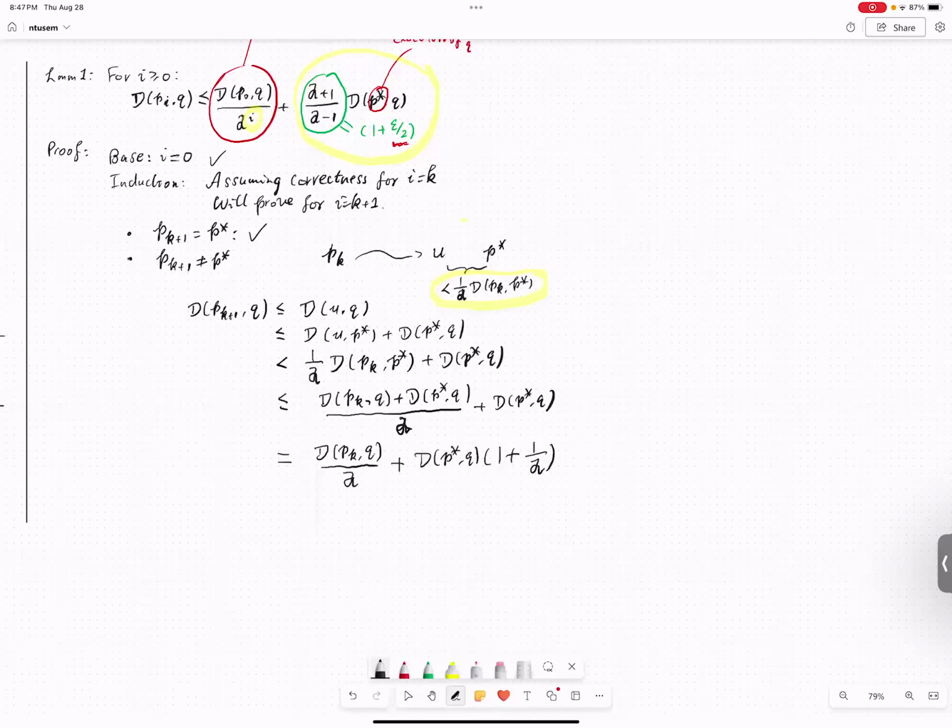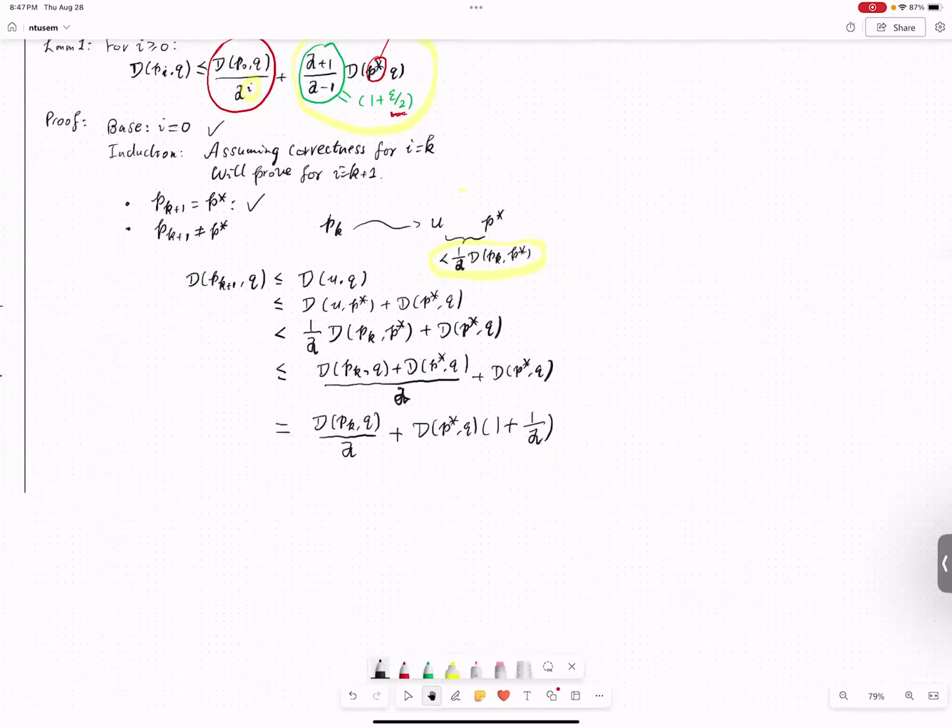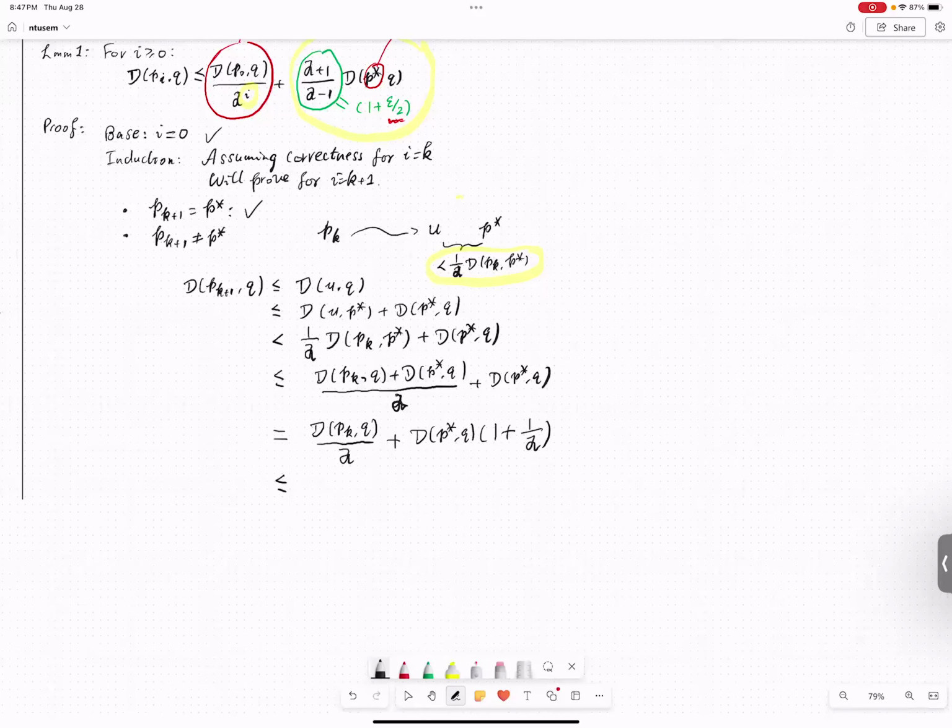Very nice. Now we can happily apply our inductive assumption. So we know that this is 1 over alpha, and inside this term, this is at most d(p_k, q) over alpha to the power of k, and then don't forget we have this (alpha plus 1) over (alpha minus 1) here, and then d(p star, q).